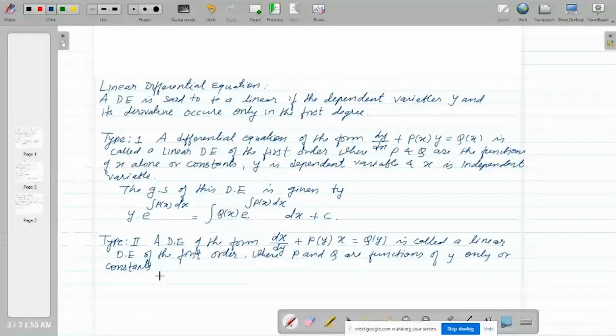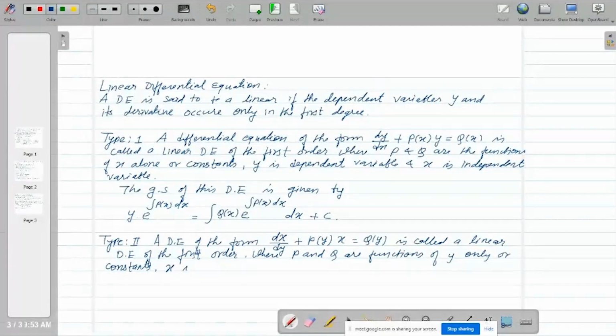Okay, and here x is the dependent variable and y is the independent variable. Okay, see the difference here.